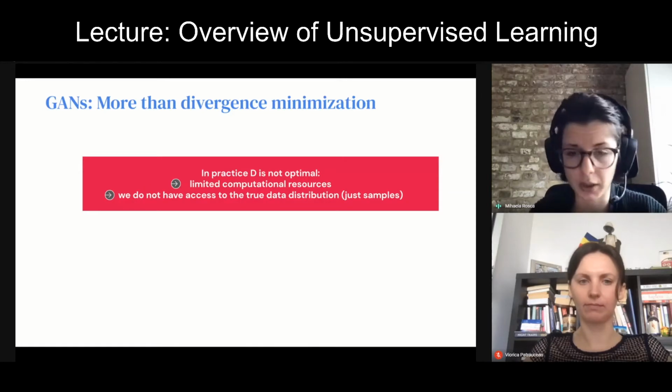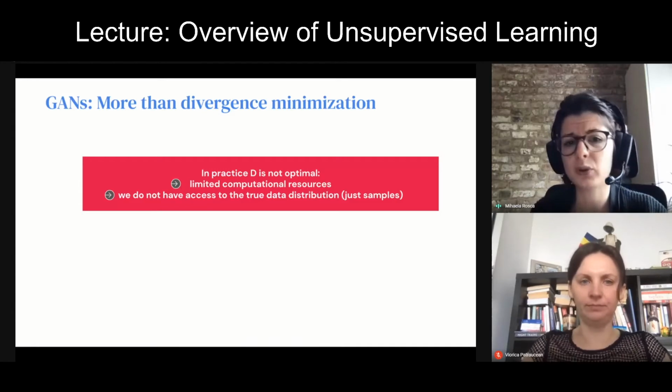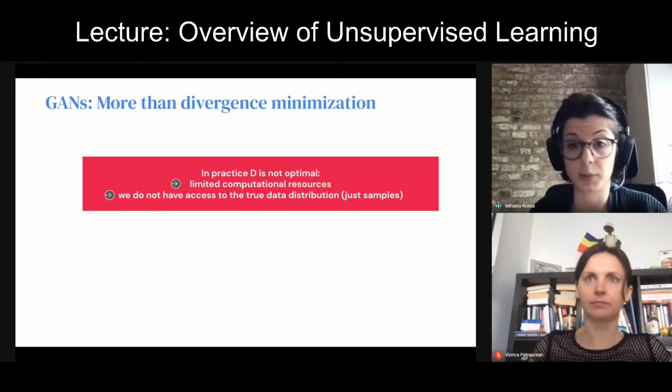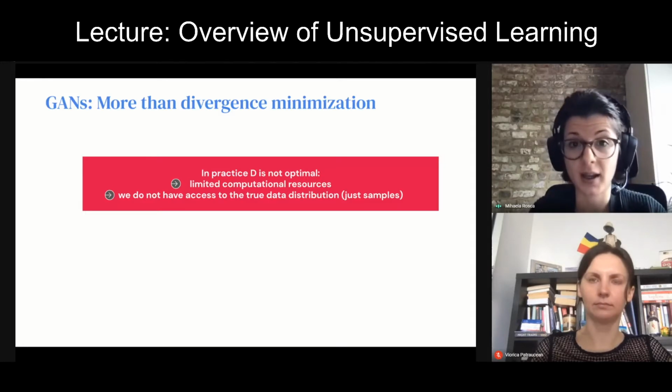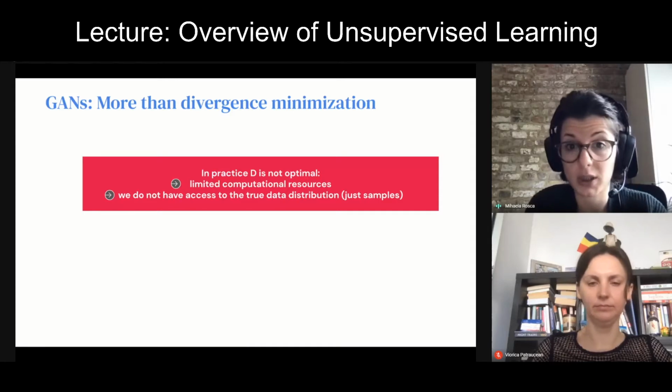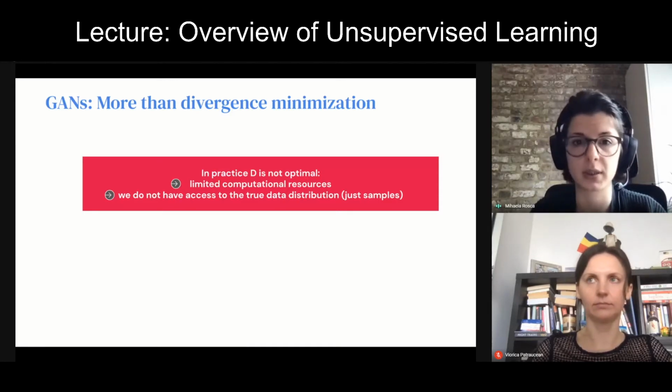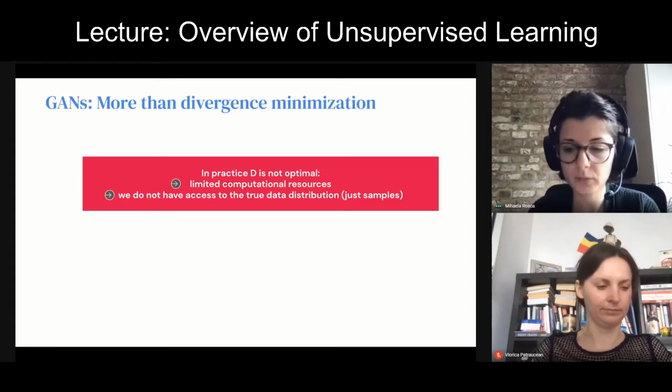You can't just train D to optimality every time you update G. And even if you did, we don't have access to the true data distribution, just some samples from it. And moreover, your critic, your discriminator, is bounded by the power of the function approximators that you're using. So even though neural networks are very powerful function approximators, they're not going to be optimal.